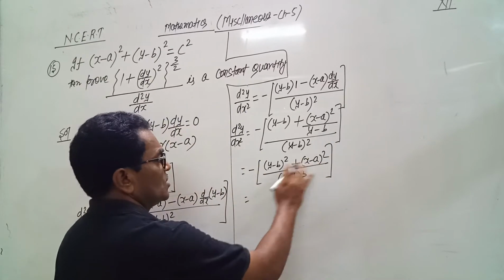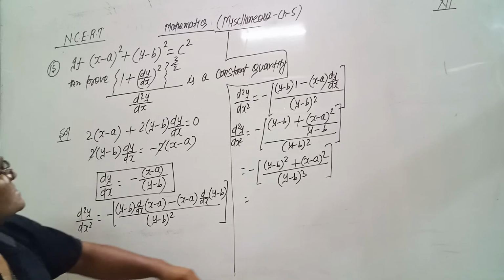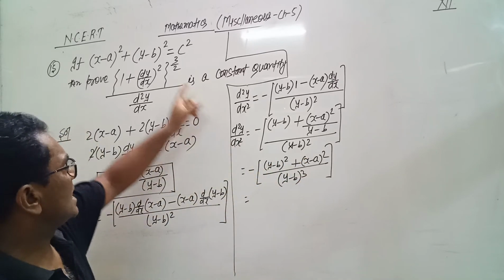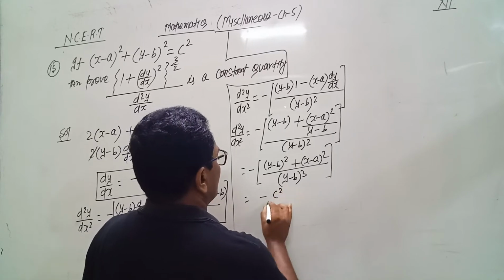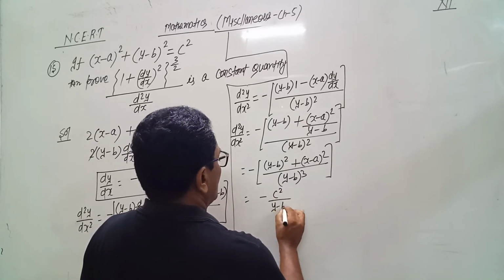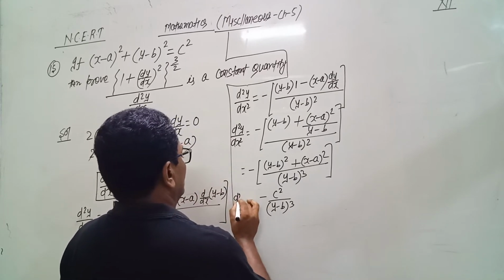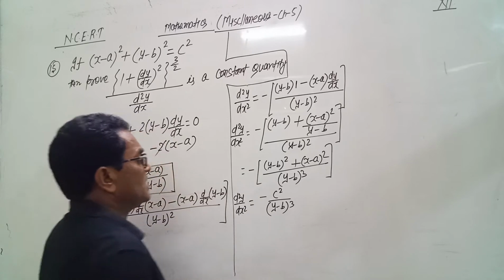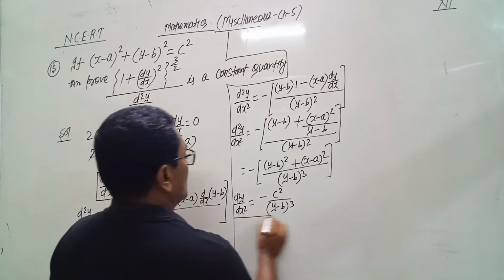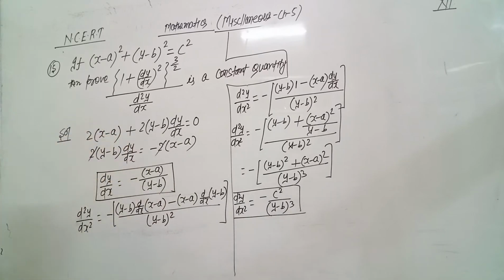And at the place of the numerator, (x minus a) the whole square plus (y minus b) the whole square, we can write c square. So minus c square upon (y minus b) the whole cube. This is the value of d2y by dx square.